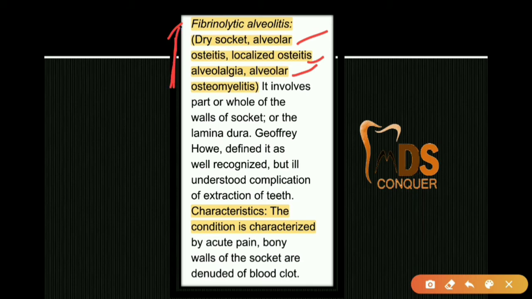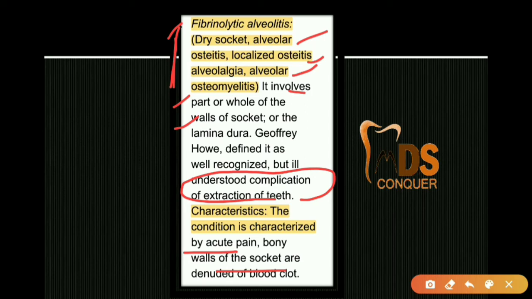Here, it is a complication of the extraction of teeth, and this involves part or whole of the socket. I mean, the socket is involved partly or completely here, and this is characterized by acute pain, and the bony walls of the socket are denuded of the blood clot.